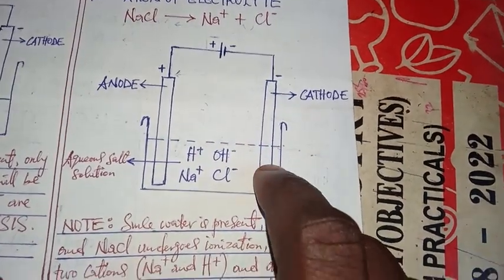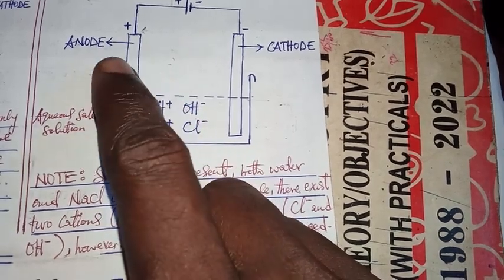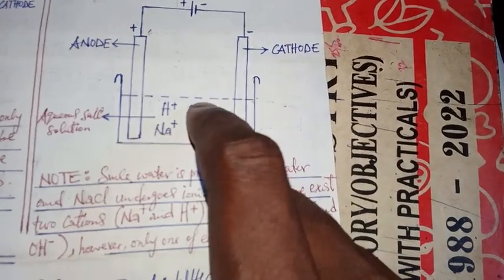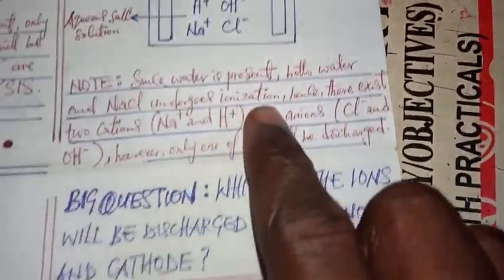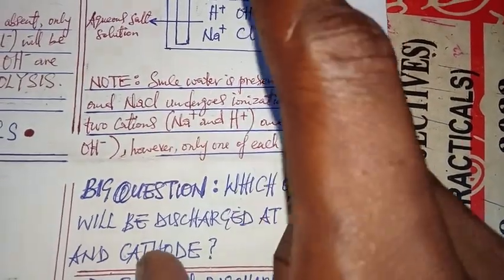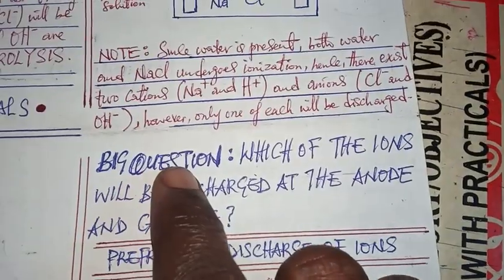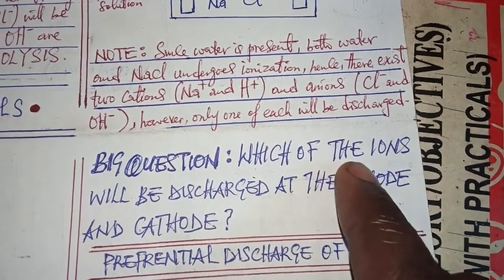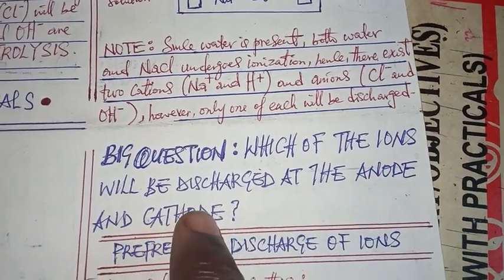Now, in electrolysis, out of these two cations, only one is meant to be discharged. And out of these two anions, only one is what? Meant to be discharged. Now, you can go through this later on. I think I've explained it so far. So, the big question is this: which of the ions will be discharged at the anode and cathode?